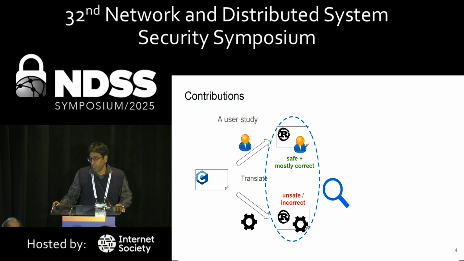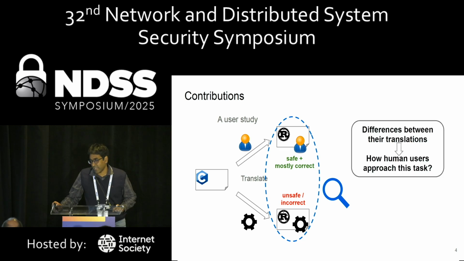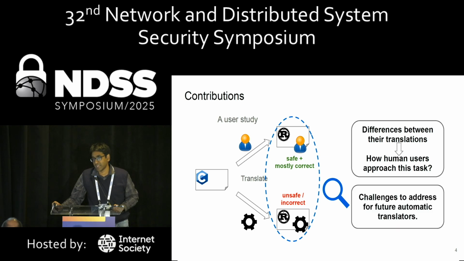Most of this paper is looking at these results and trying to explain the differences between the translations produced from automatic systems versus those produced by human beings, to derive insights as to how this might be a feasible task in the future. As part of this process, we're also identifying some of the challenges that existing automatic translators could leverage and try to solve.